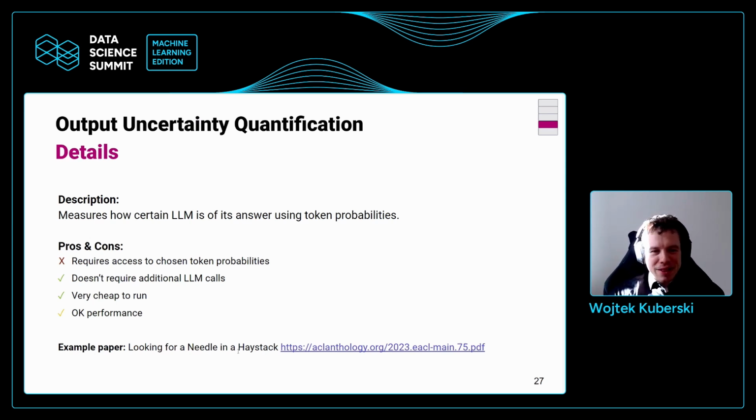There's maybe 20, maybe 30 lines of code at most here. So it is very cheap to run. It gives okay performance in a way that the hallucination detection correlates with human answers, but it's not a huge correlation. So it will be able to pick up some of the issues, but not all of them.